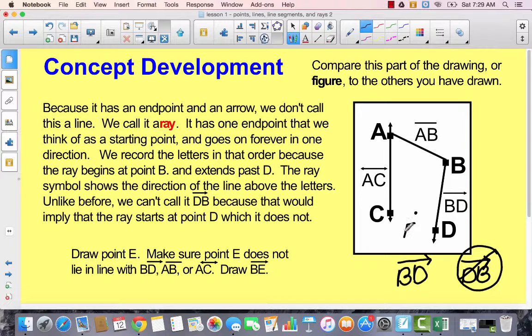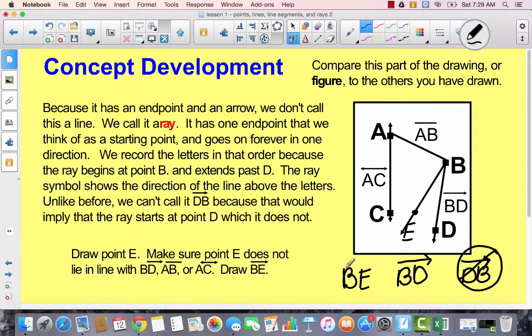Okay? And then I want you to draw a line segment connecting B to E. And I'm going to go ahead and make an arrow, so you can do that too. So now I've got another ray. I have ray BD, and now I have ray BE.